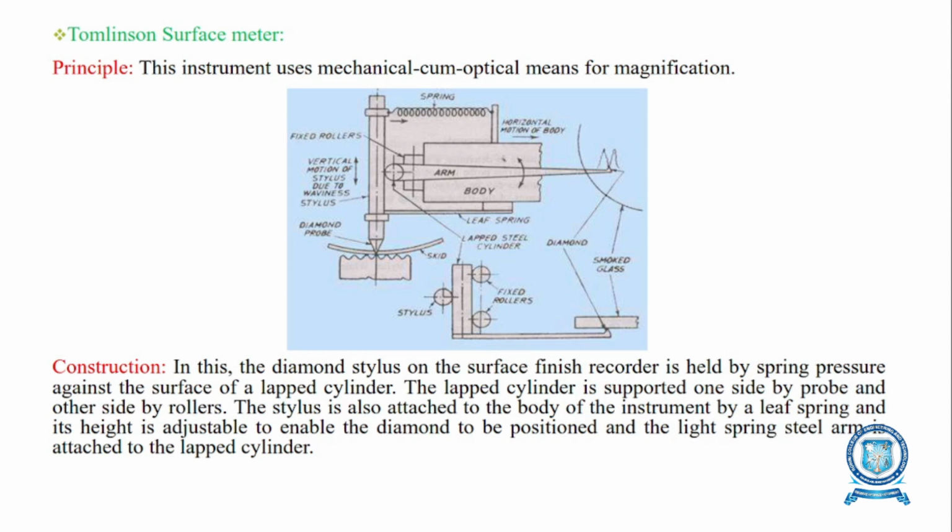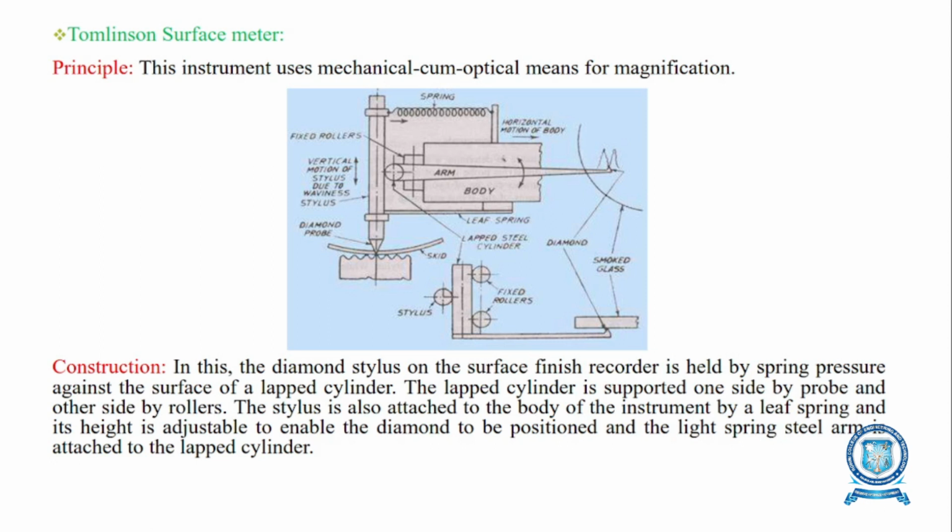So in this, the stylus is restricted to vertical movement with the help of a coil spring, which is on the top of the scriber handle, and the variation in the surface is sensed by the probe and it is magnified on a smoked glass. So this probe senses the variation on the surface and indicates the diamond scriber to mark a trace on the smoked glass.